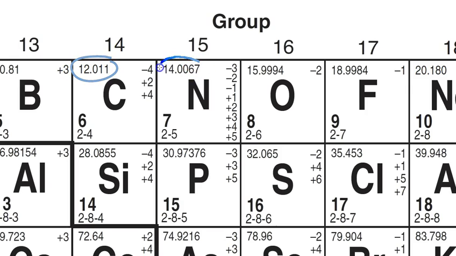So we're going to use the atomic masses. Yes, as we talked about, these decimal places are because of the weighted average of the relative existing isotopes. But these numbers also tell me the mass per 1 mole of this element. So a mole of carbon is 12, a mole of nitrogen 14, and oxygen is 16. And that's what we're going to use to do the mass per 1 mole of it. That's what a gram formula mass is.